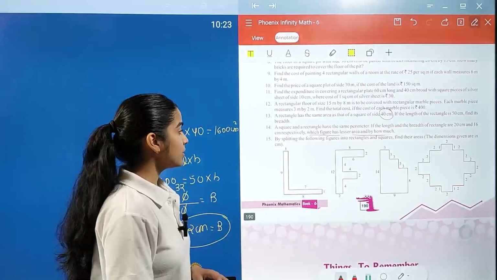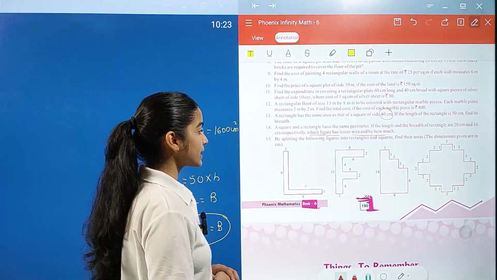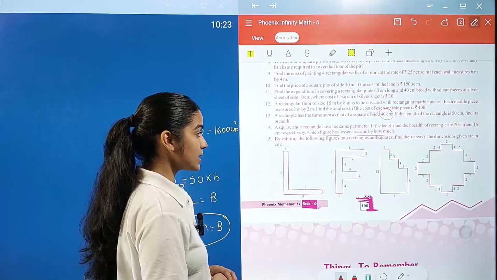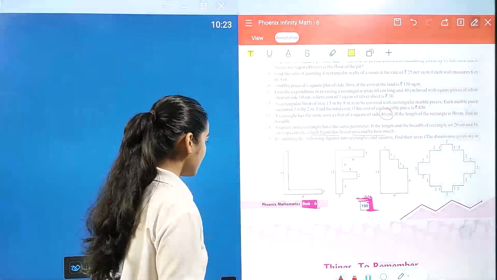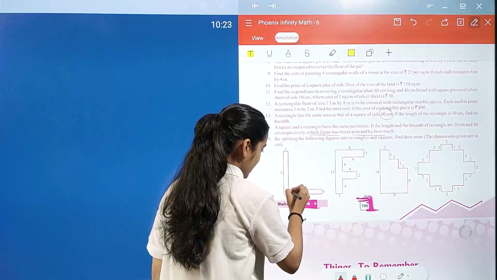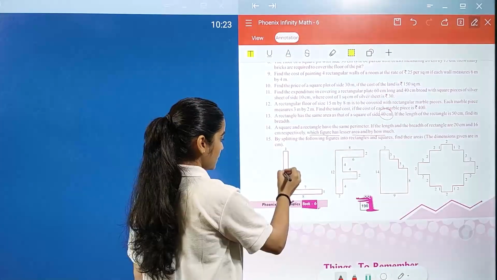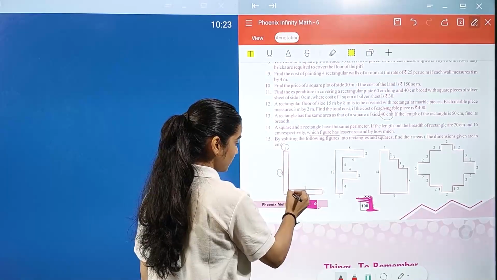By splitting the following figures into rectangles and squares, find the areas. The dimensions given are in centimeters. By this we can split it into two rectangles, right? If this is 9 and this is 1, then this is also 1.